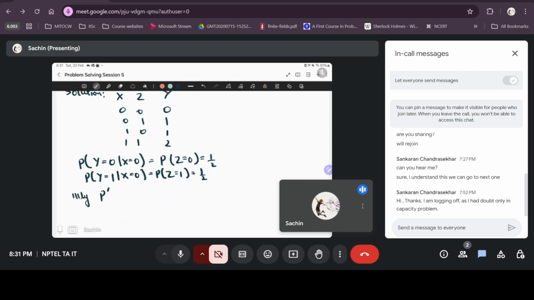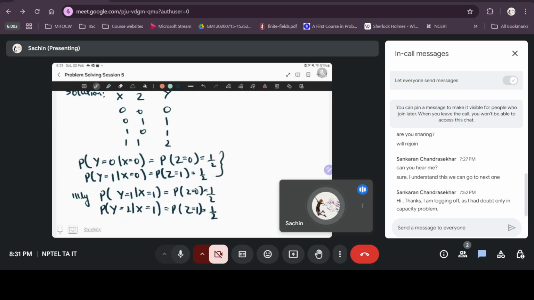Similarly, probability that y is equal to 1 given x is equal to 1 is the probability that z equals 0, which equals half, and probability that y equals 2 given x equals 1 is the probability that z equals 1, which equals half.